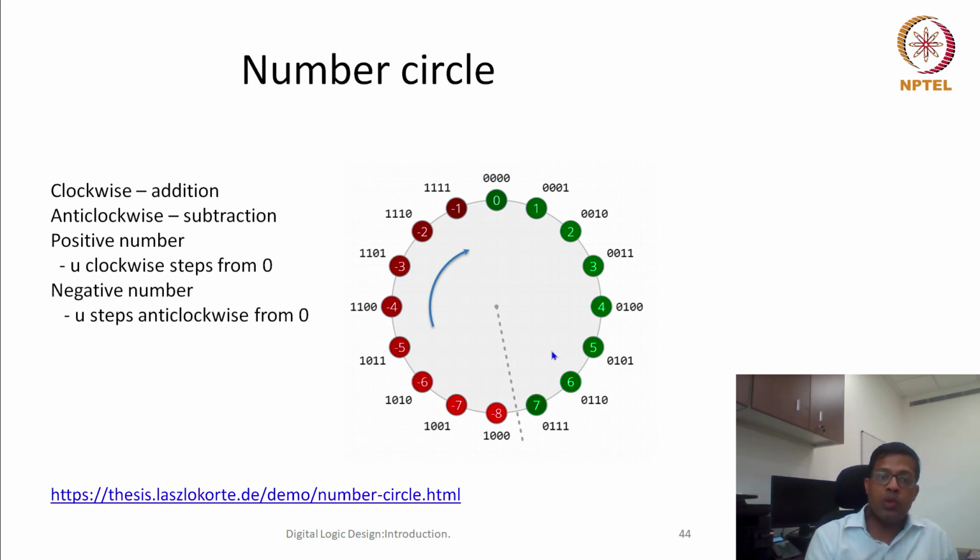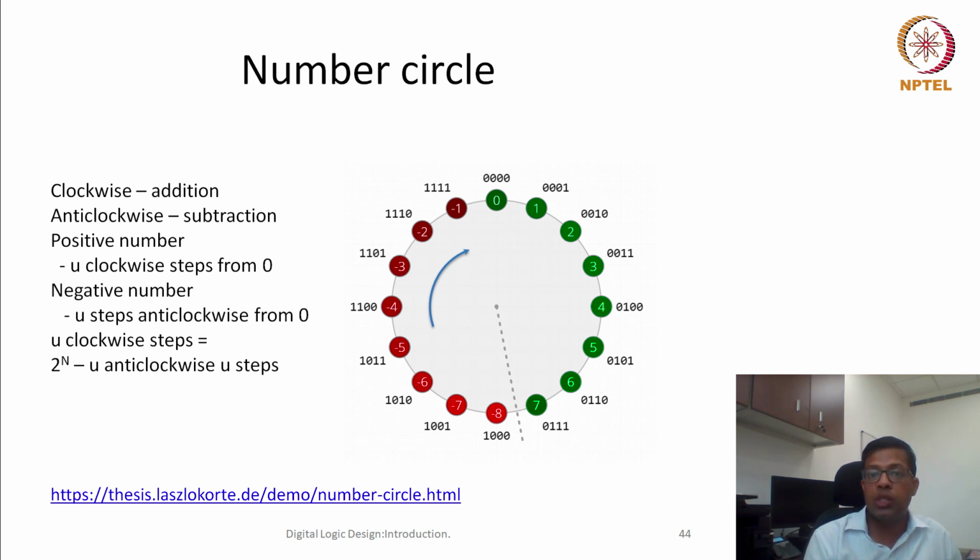The other observation here is, let's say I am taking u steps in a clockwise direction. Let's say I am taking 4 steps from 0. This same thing can be achieved by going anti-clockwise in 12 steps. So 2 to the power n minus u anti-clockwise steps are equivalent to u clockwise steps.